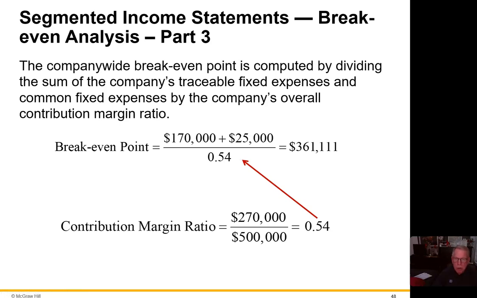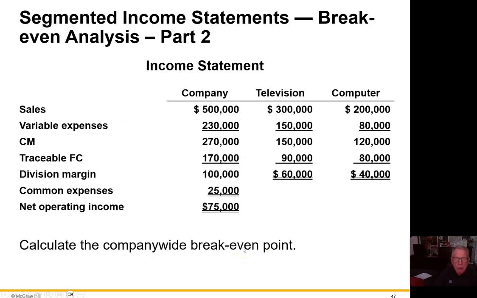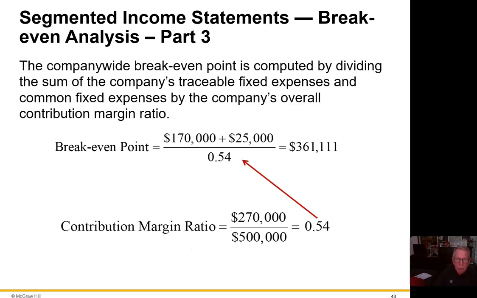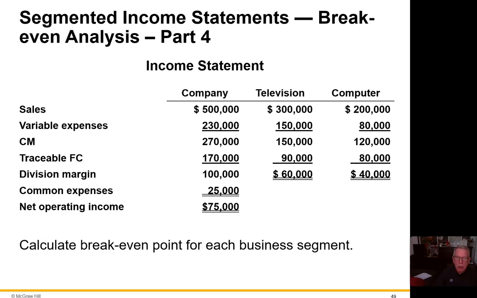The contribution margin ratio results from the 270,000 contribution margin divided by the 500,000 in total company sales. That's where we get the 54%. So we divide that through and we get $361,111.